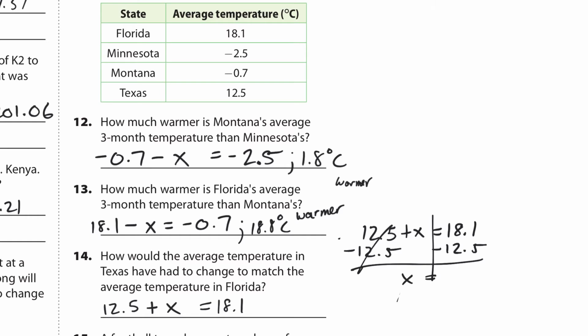And these are different signs here, so I get to subtract. It's going to be positive because 18 is bigger than 12. So I subtract, that's 11. So that's 6. This is 7. This is 5. And that's 0. So 5.6. So it would increase by 5.6 degrees Celsius. Okay.